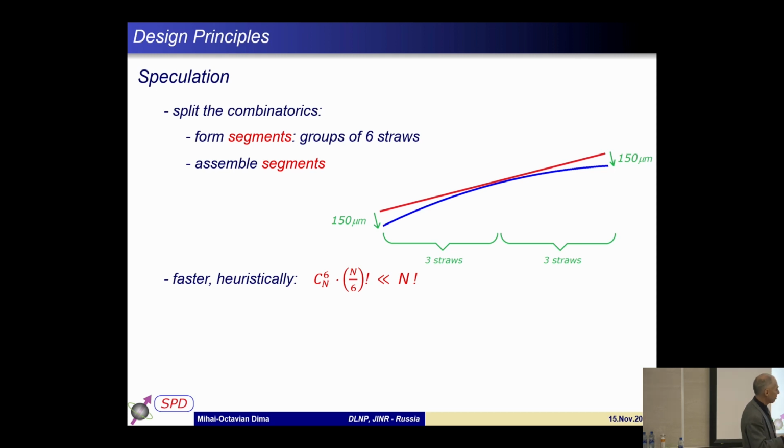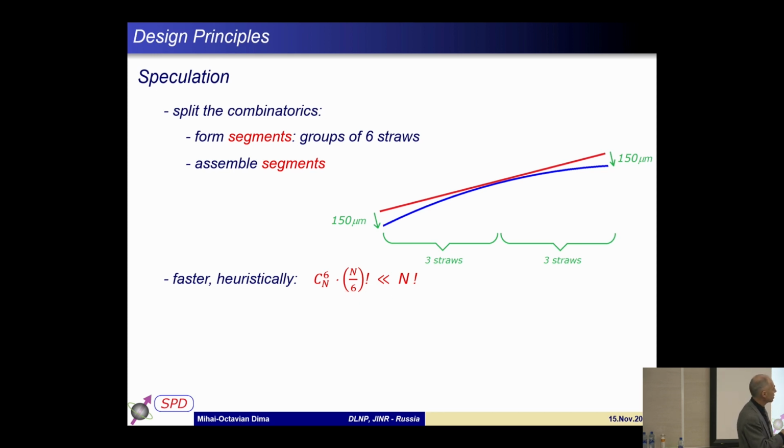So heuristically, this is a back of the envelope calculation, it's not exact. But in forming groups of 6 hits, we have a C(n,6) number of combinations. And then the number of segments that are left, combine all with all, we have (n/6) factorial.